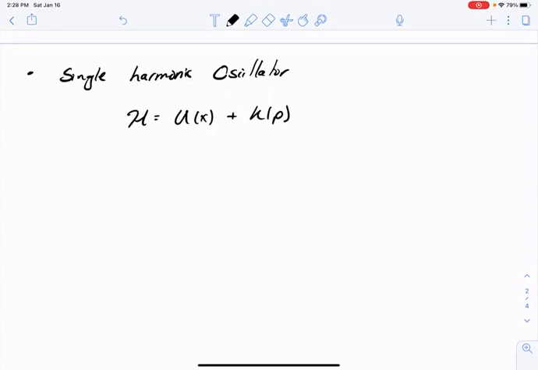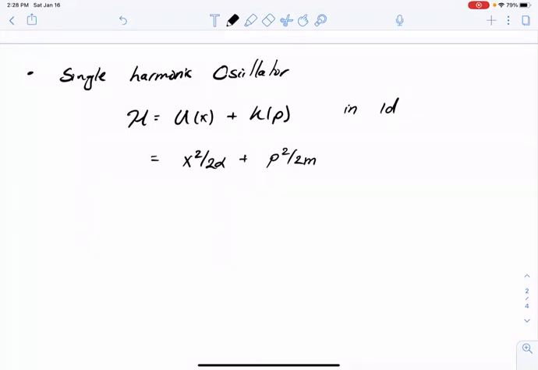Let's consider this in as simple a way as possible in 1D. Let's write out the potential as x squared over 2 alpha, alpha then being something like the inverse spring constant for this single harmonic oscillator. And let's write down the kinetic energy with momentum. So again, x is going to be some displacement of the particle from its equilibrium position.